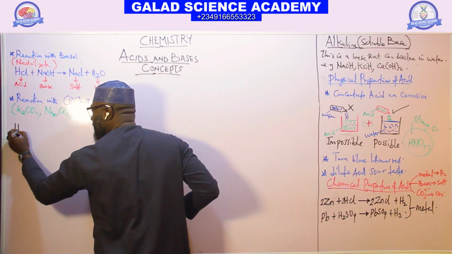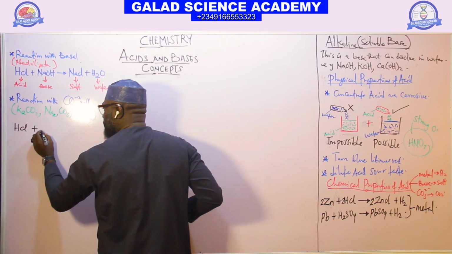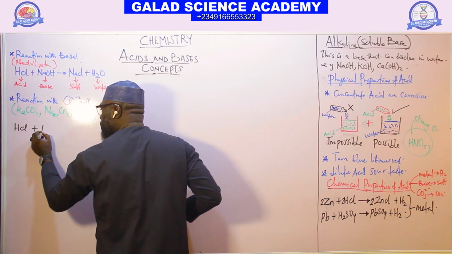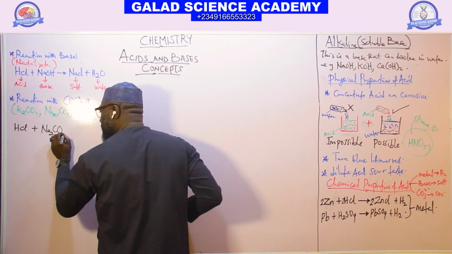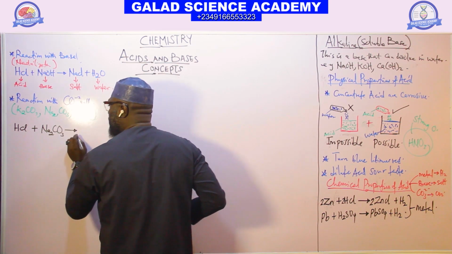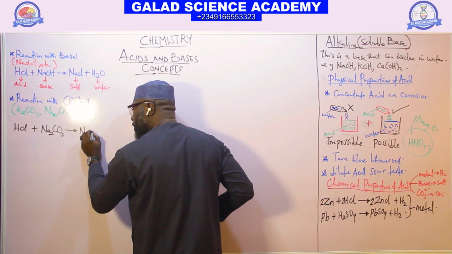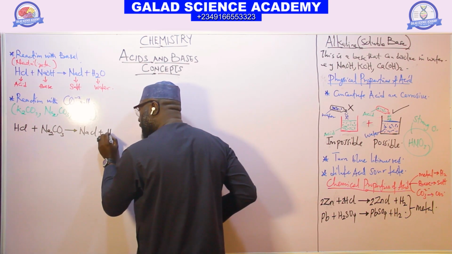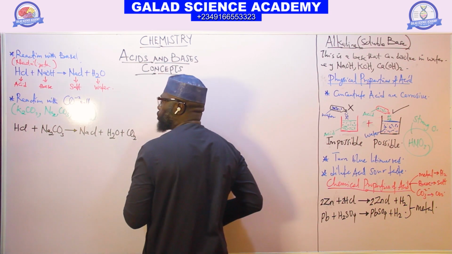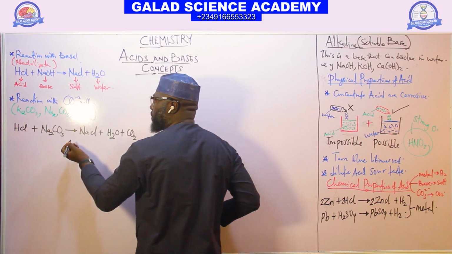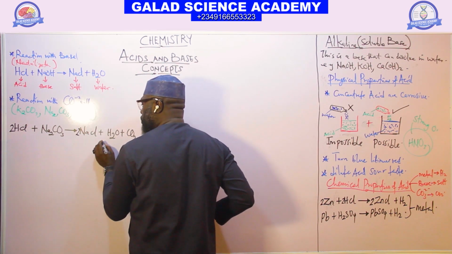We have acid HCl reacting with sodium carbonate. It will give us sodium chloride plus H2O plus CO2. To balance it, put 2 here, and sodium, we put 2 here.